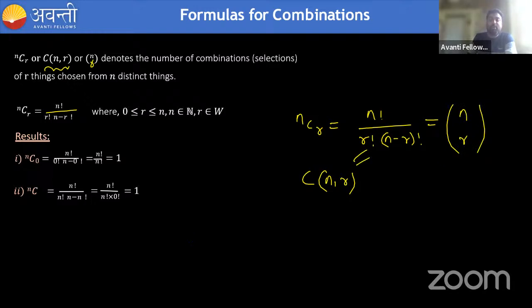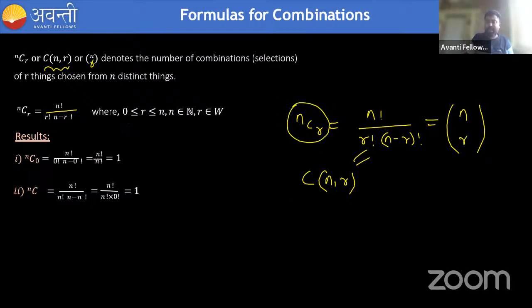So what we are doing here is getting the set of all combinations, or we can say we are selecting r objects out of n objects. Combinations basically means selecting the objects, right? So nCr means selecting r objects out of n objects.